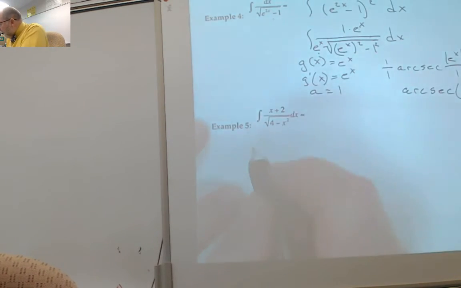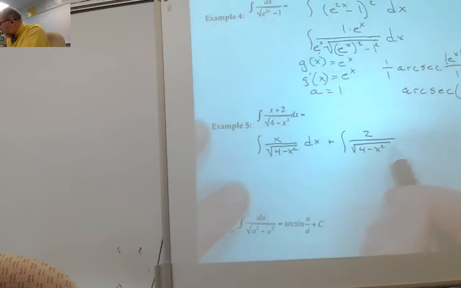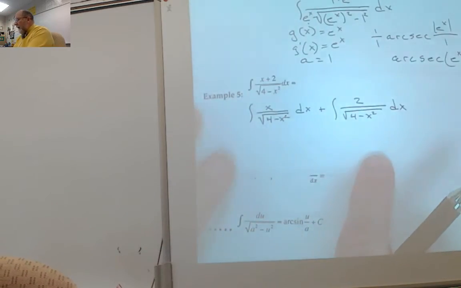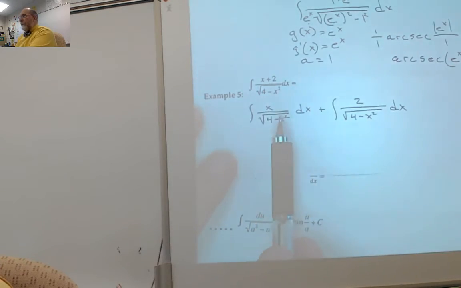So what I'm going to do is break it up so it looks like this. And I can do that because this fraction is the result of adding two fractions with a common denominator.